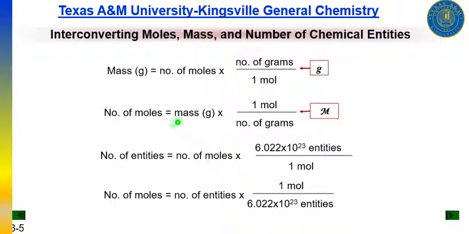The moles can be calculated using the mass divided by your molar mass, or the mass multiplied by 1 mole per number of grams. The number of entities of your substance equals the moles multiplied by your Avogadro's constant. The number of moles can be calculated using the total number of entities divided by Avogadro's constant.